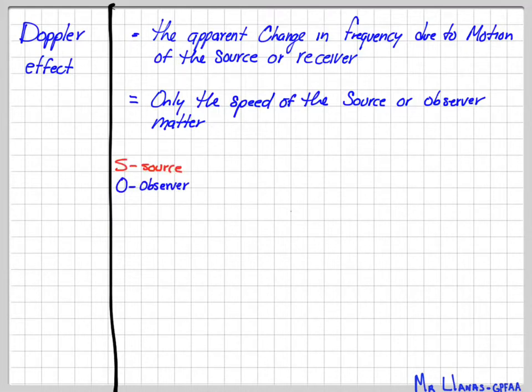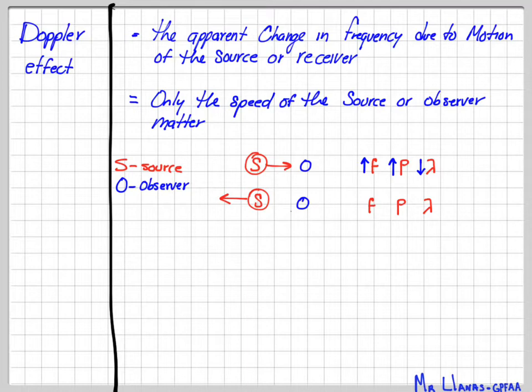Okay, and I'm going to put some drawings here. S represents the source, O represents the observer. We can think of the source as a fire truck with the sirens on, right? So the truck is coming towards the observer, the individual, and the siren is on. As it comes towards the individual standing there, the frequency would go up, the pitch would go up, but the wavelength would decrease.